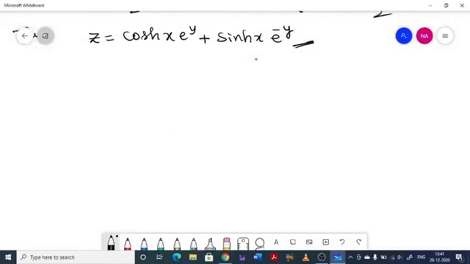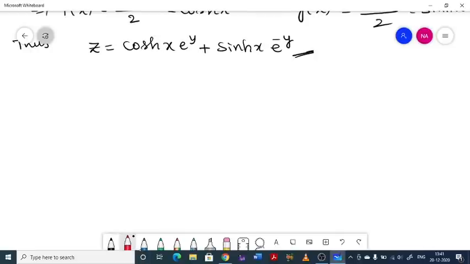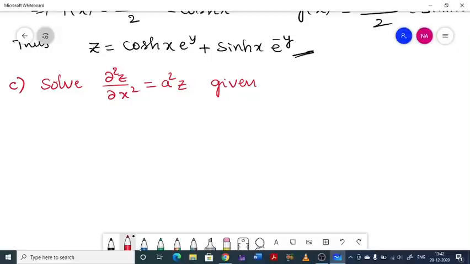Next, let us consider one more. Problem C. Solve dou square z by dou x square equal to a square z, given that when x equal to 0, you will be having z equal to 0 and dou z by dou x equal to a sin y.